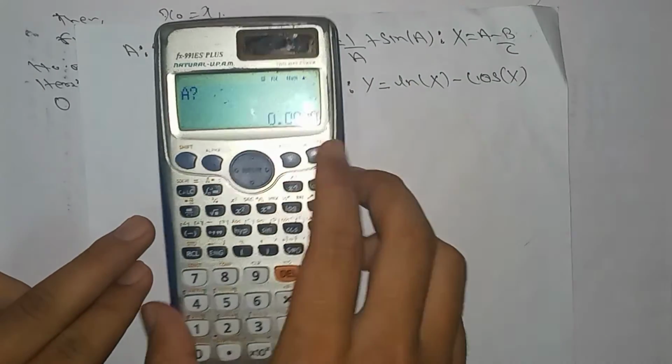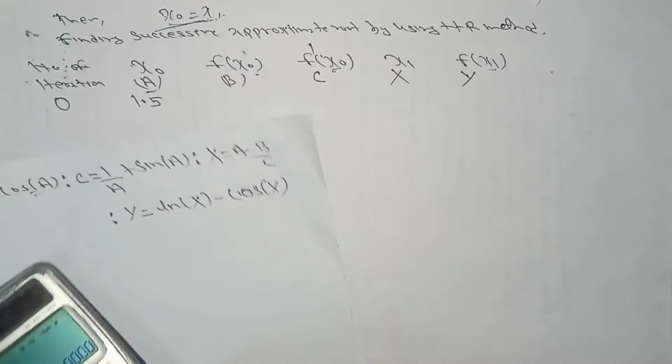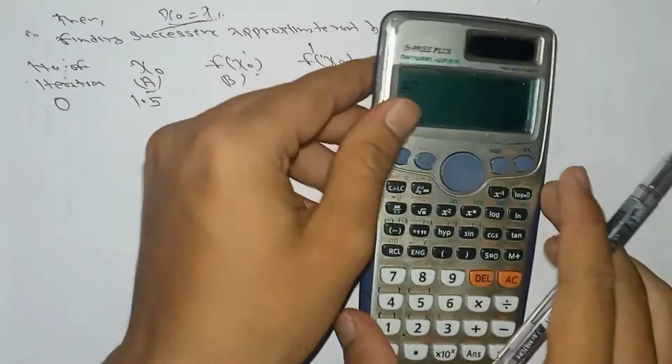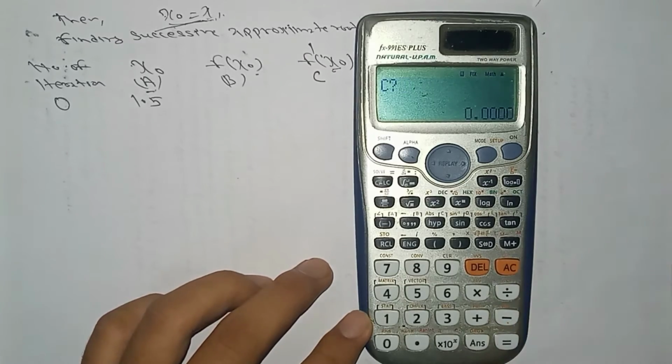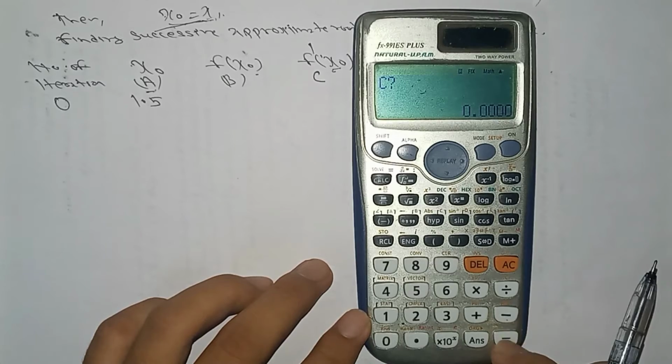Now here in the A form we have to give the value. As you know, suppose A is x naught, so in x naught we have the value 1.5, so give the value 1.5 and leave all the other values as they are; for all the other terms press equal to.